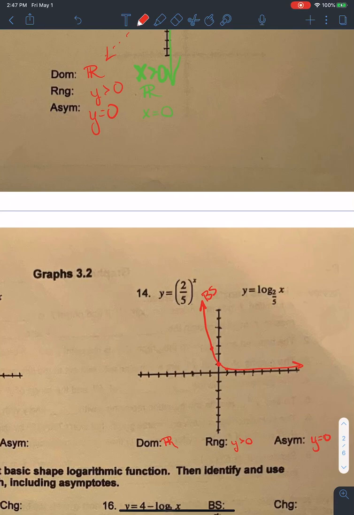Now let's look at how this changes when we try to reflect across that y equals x line. So here's my y equals x line. And when I reflect that guy across there, some different things are going to happen.